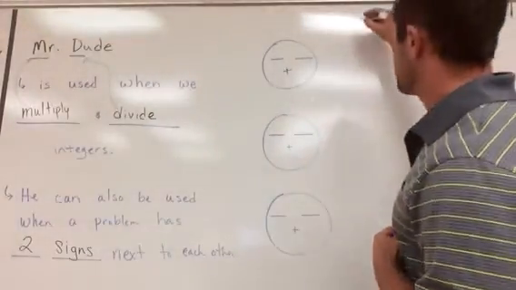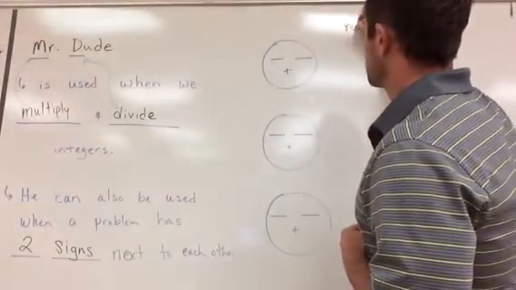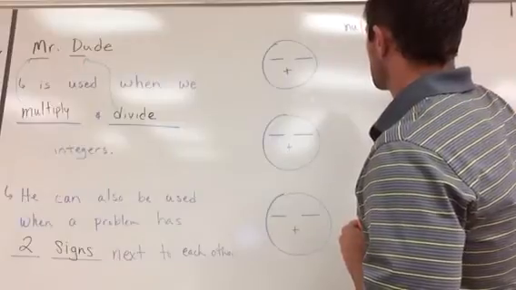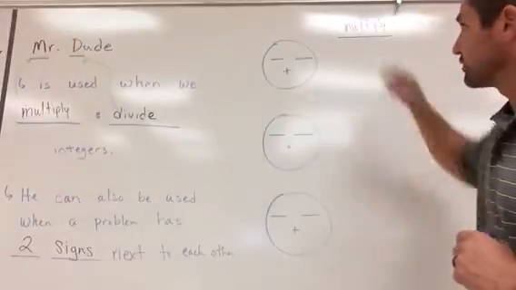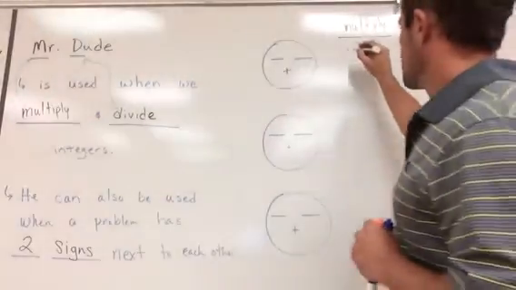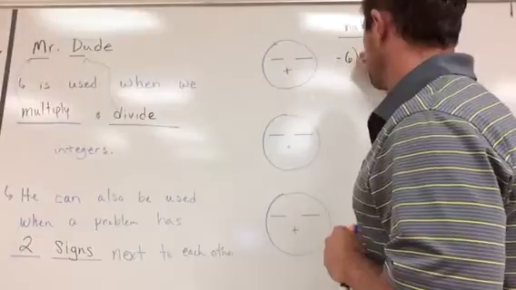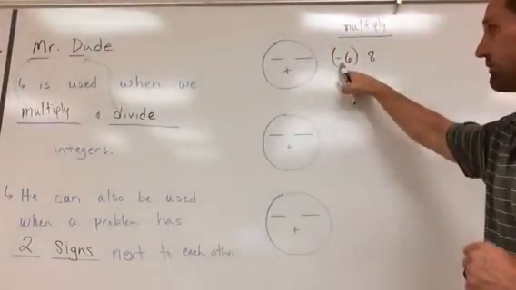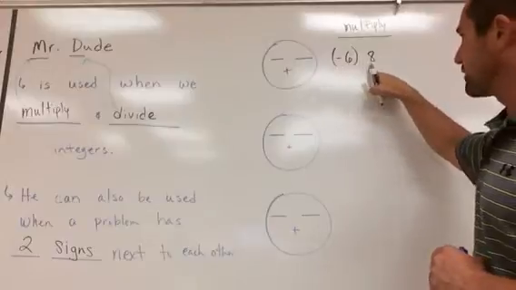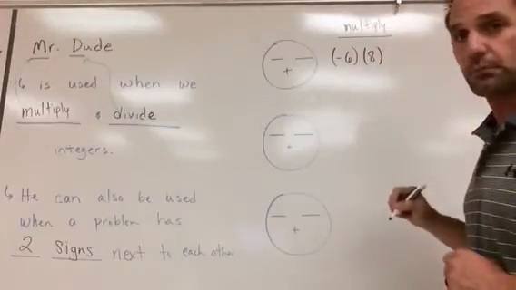Let's first start with our multiplication. And we're going to do 3 examples, okay? So multiplication, let's start with -6 times 8. We have a -6 here. We have a +8 here, okay?